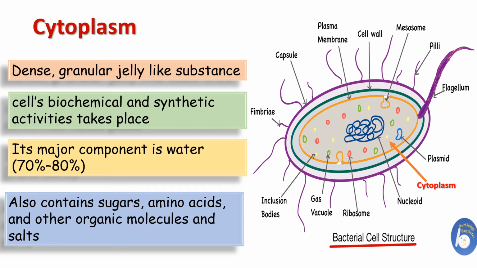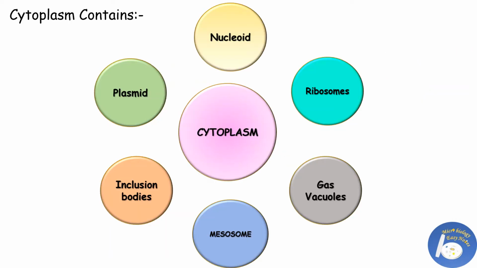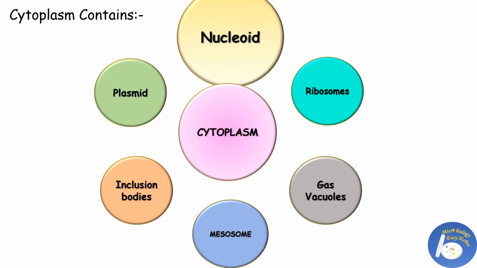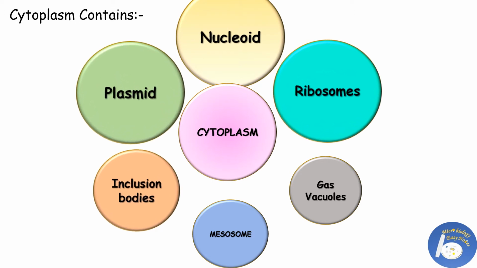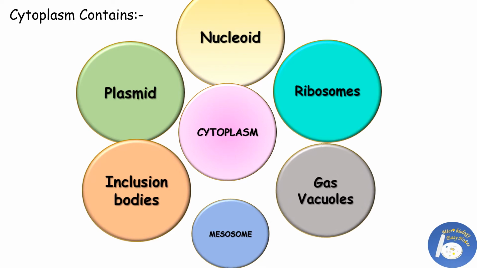The components of this pool serve as building blocks for cell synthesis or as a source of energy. Cytoplasm holds other large bodies which are nucleoid, plasmid, ribosomes, inclusion bodies, gas vacuoles and mesosomes.